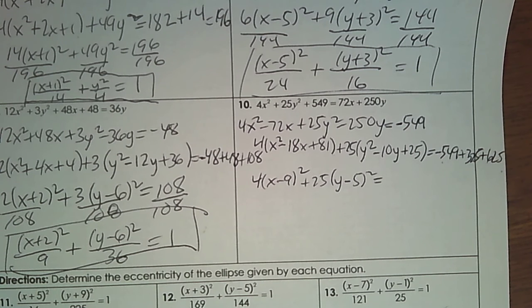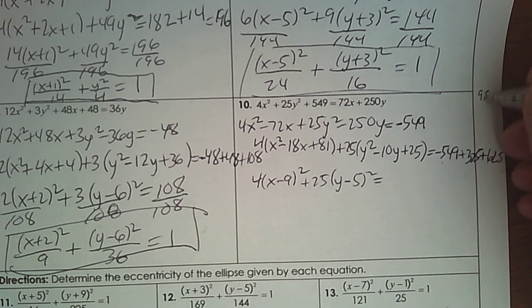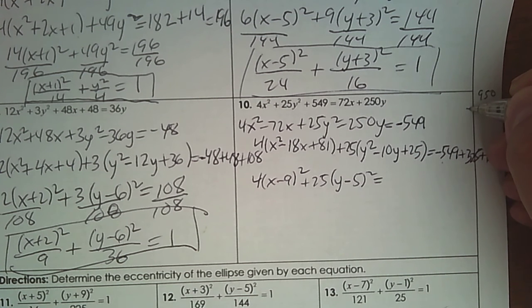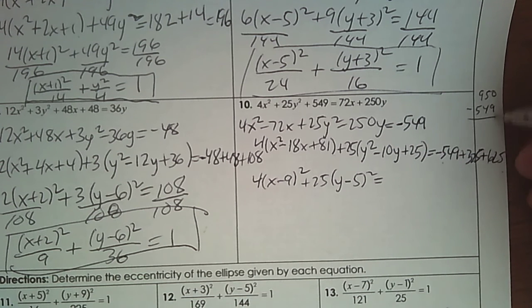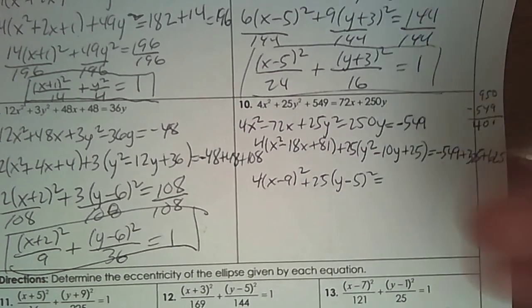I think. I get 950. Take away 549. I get 401, which makes me think I'm going to make a little decision here, because if I divide by 401, it's going to get ugly, because it won't go in evenly, right?